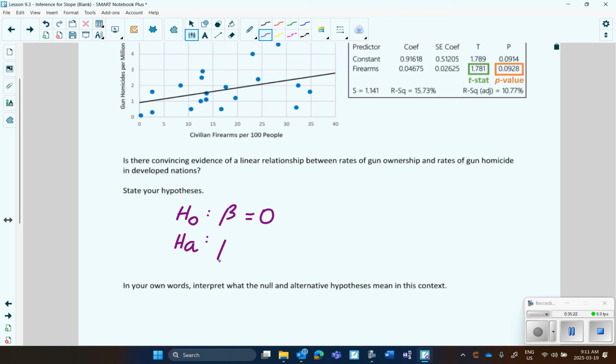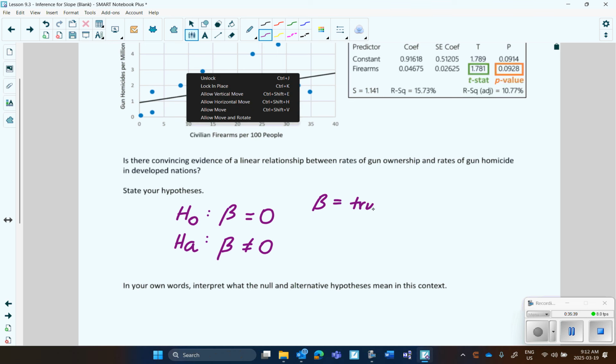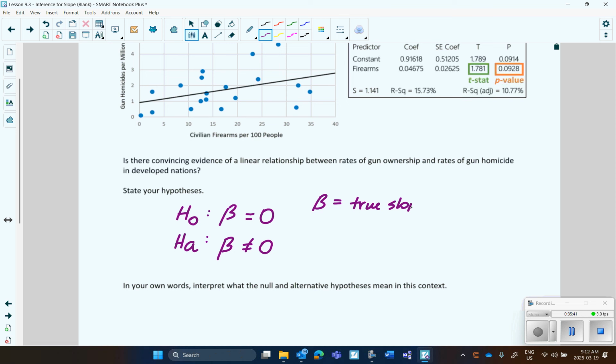If there is a relationship, whether positive or negative, we don't know. That's why we put not equal to. We're not saying it's greater, we're not saying it's less. We're saying it's different than 0. And then, of course, you have to define this true slope of the population regression line.